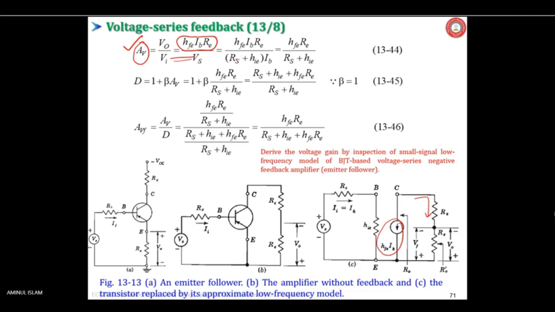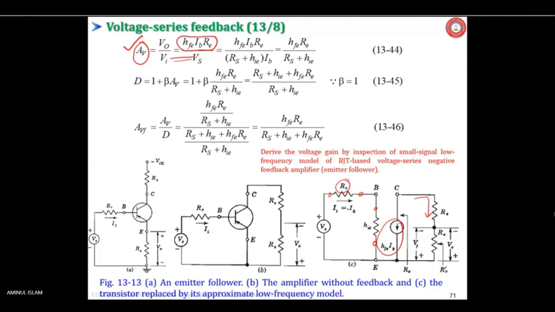And finally, you see VS can be written as what? From the input side, VS equals what? This I or IB into RS is one voltage, and the voltage between this is I or IB into HIE. Okay.